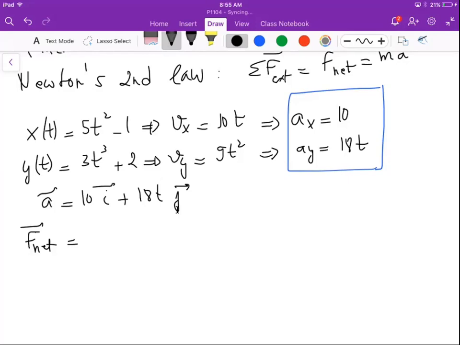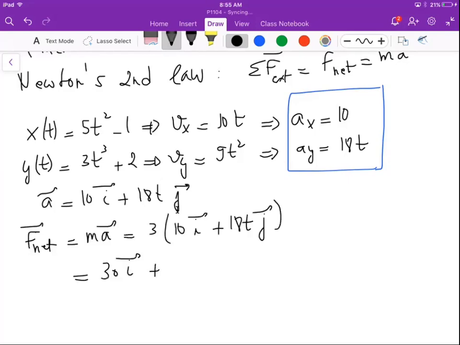And so F net as a function of time is given by 30 i plus 3 times 18, which is 54t, so 54 multiplied by time, j. So the force F net evaluated at the time t equals 2 seconds is given by 30 i plus 108 j.